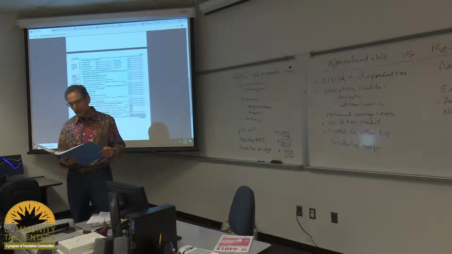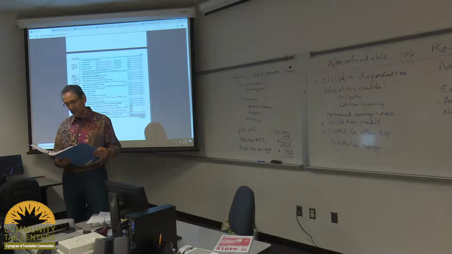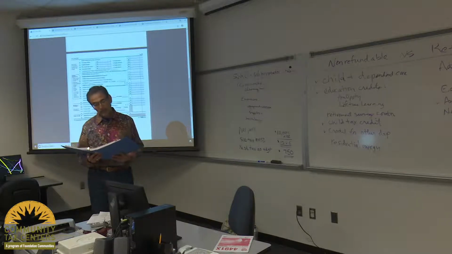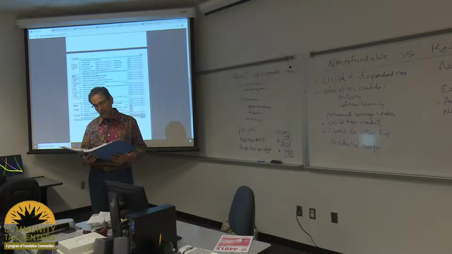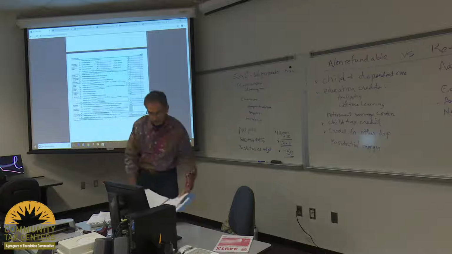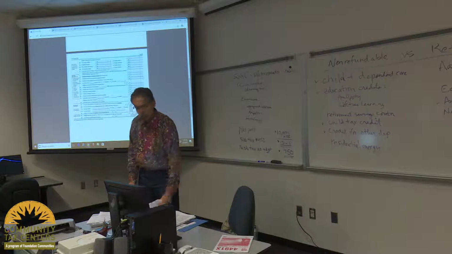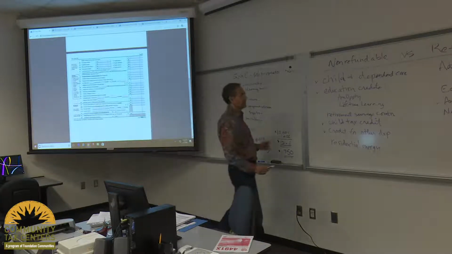The $500 non-refundable credit is available for dependents who don't qualify for the child tax credit, such as children who are age 17 and above, or dependents with other relationships, such as elderly parents. Taxpayers cannot claim the credit for themselves or a spouse if married filing jointly. And it says right there, dependents who are residents of Canada or Mexico do not qualify for either the child tax credit or credit for other dependents. Okay. Like I say, to me, it's pretty cut and dry. Any questions? So we did that one.